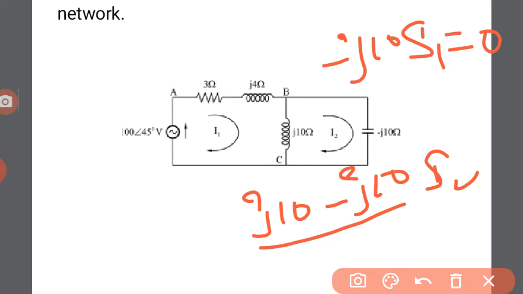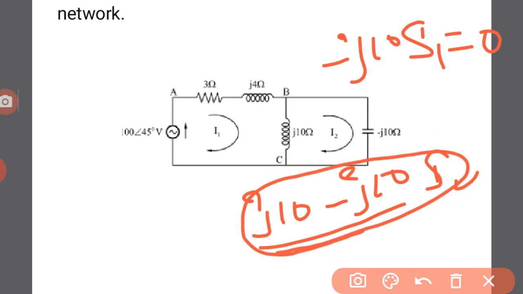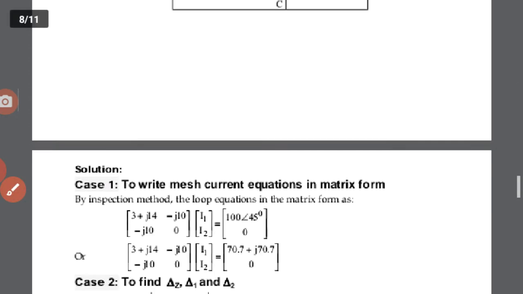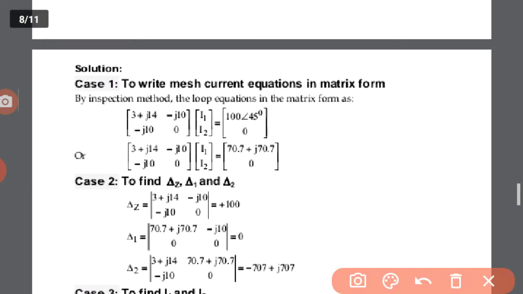Because the impedances cancel, the I2 self term is 0. So only the I1 current will be flowing through this circuit, and the I2 current is equal to 0. There is no voltage source connected to the second loop, so it is equal to 0.